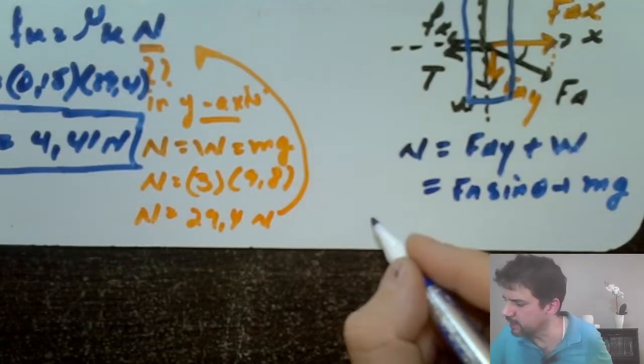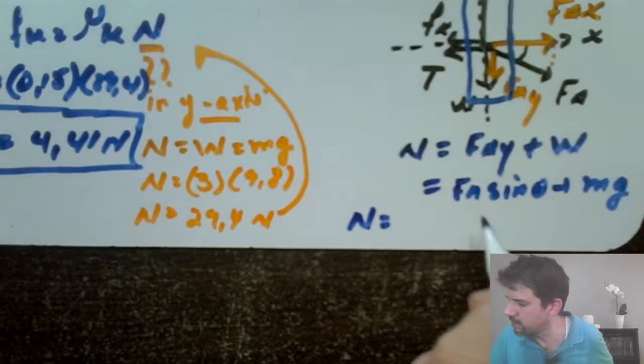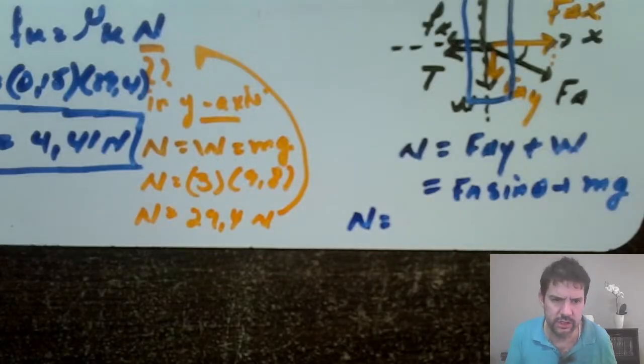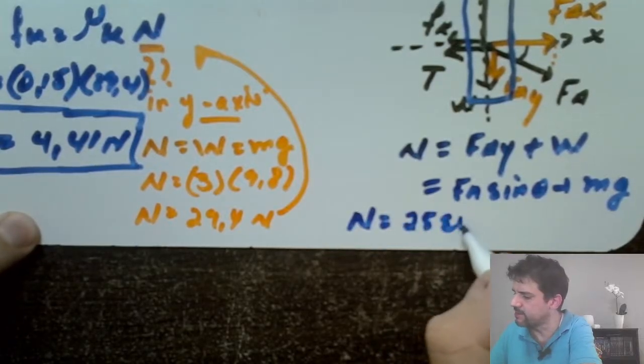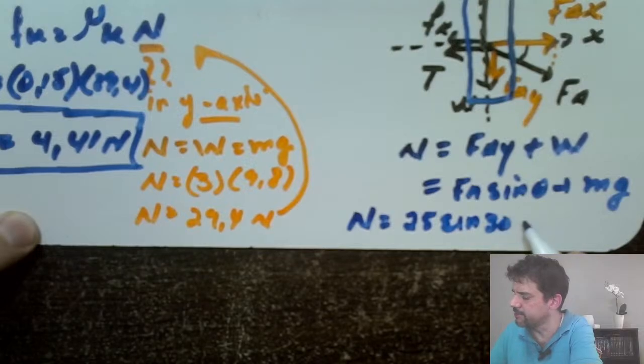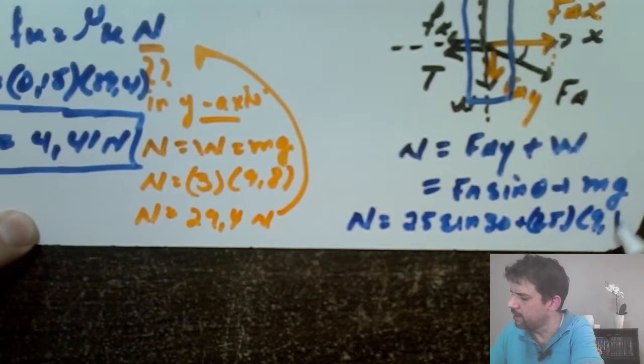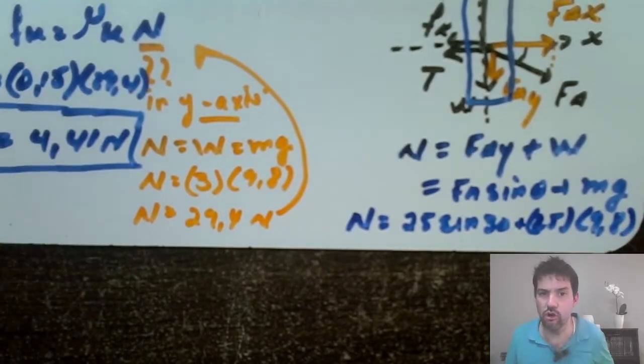So we can do this calculation real fast. Normal is equal to applied force. It's 25 Newton. So this one is 25 multiplied by sine of 30 degrees plus 25 multiplied by 9.8. That will be the normal force.